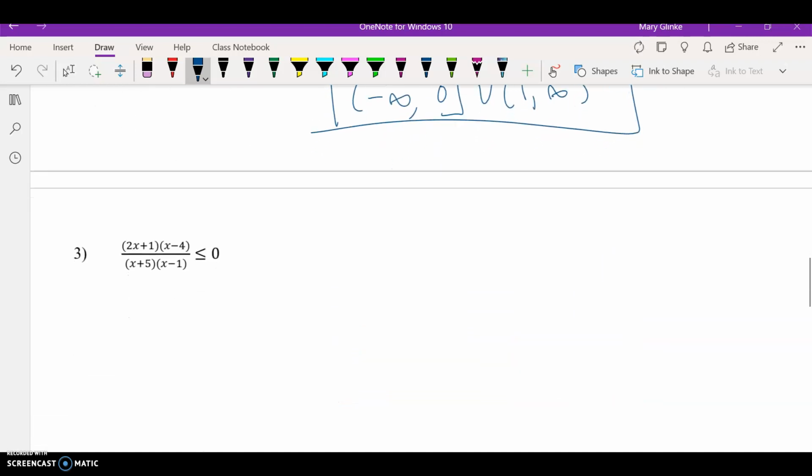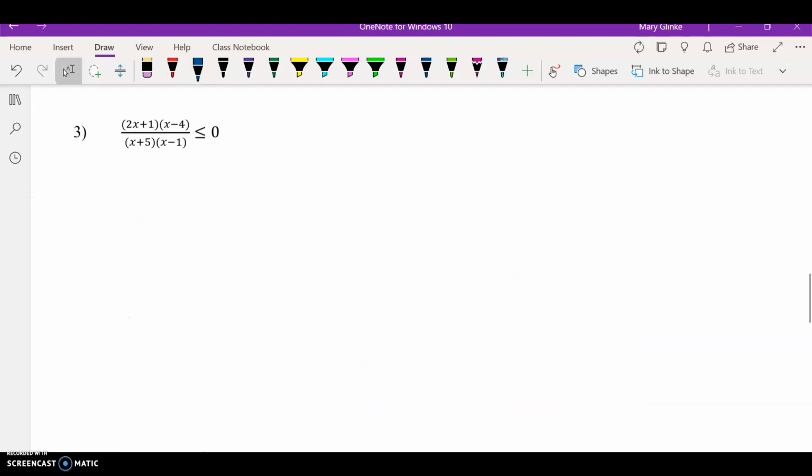Let's go ahead and take a look at this one. It is already factored. So what I would like you to do is find your vertical asymptotes and your x-intercepts. Now determine if you're going to have open or closed circles for those.